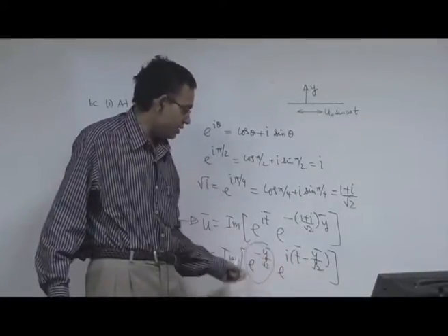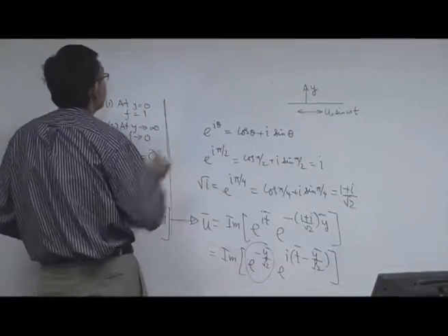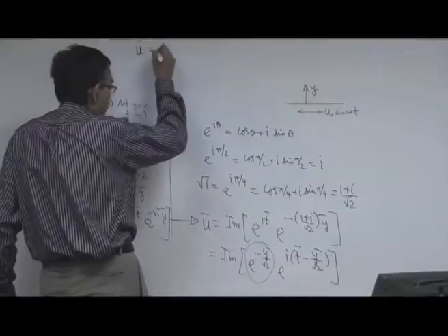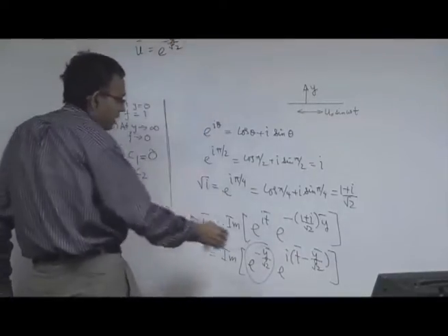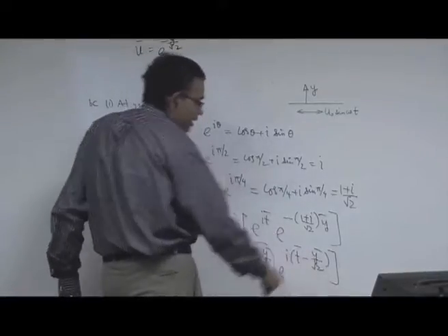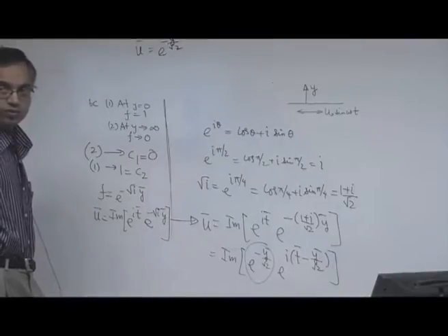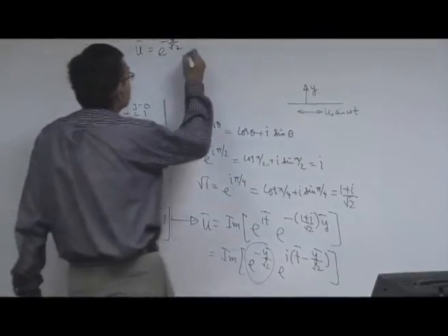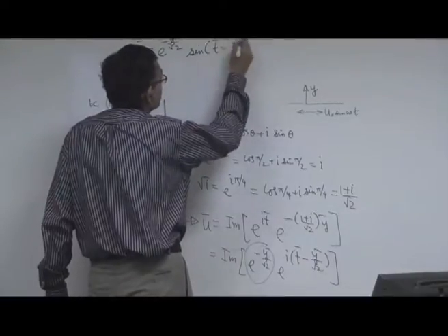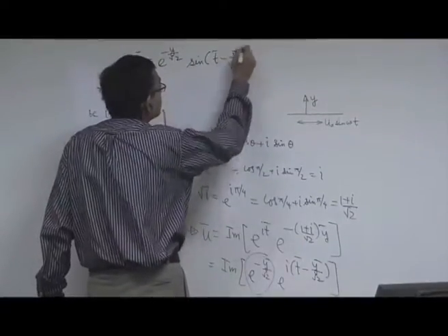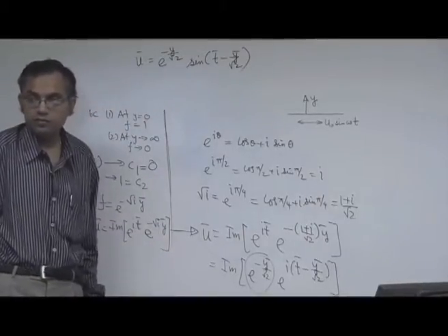So, this you can just write as an amplitude of the solution. So, u bar is e to the power minus y by root 2 into imaginary of basically e to the power i t minus y by root 2. So, sine, okay.